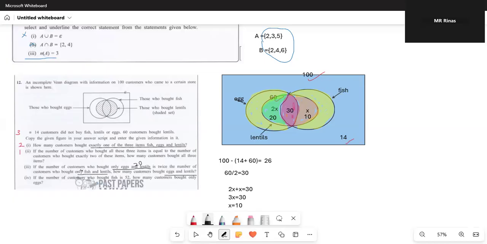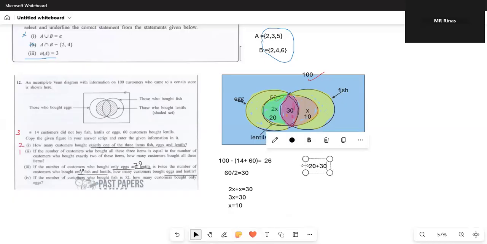But in this question, they didn't mention only. They are asking how many customers bought egg and lentil. It means this portion right here. They might buy the fish also, it's fine. Then the answer is 20 plus 30 equal to 50. So 50 customers bought egg and lentil.